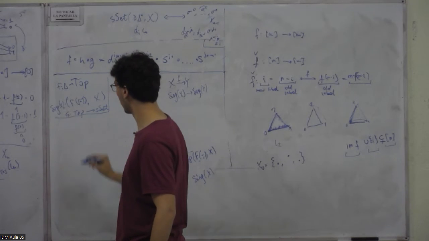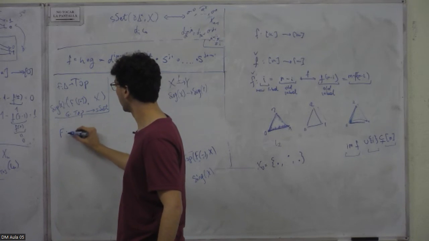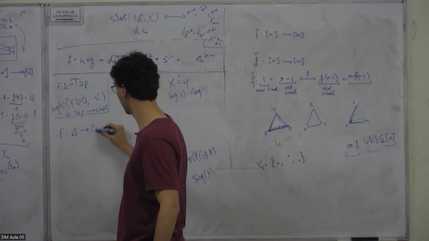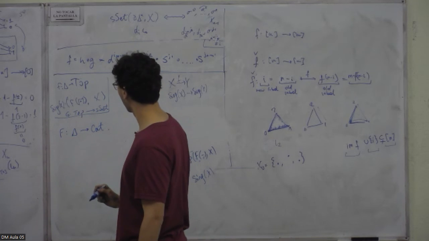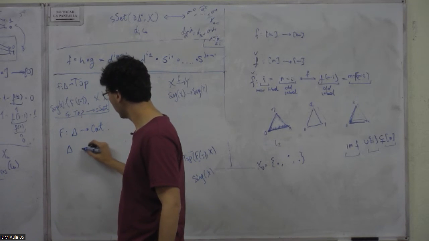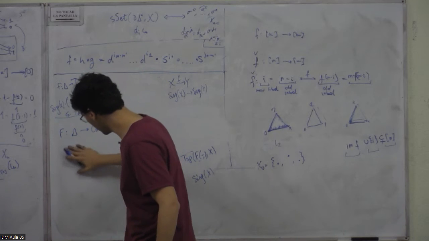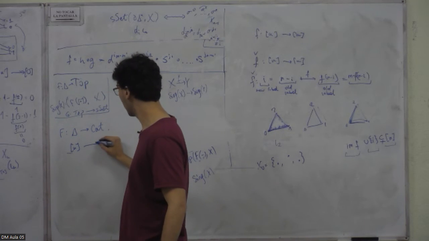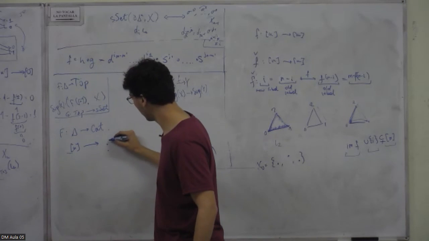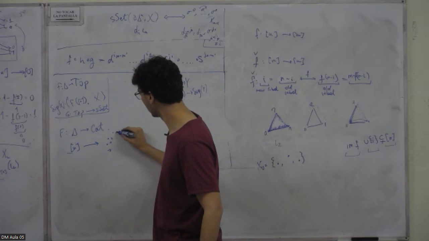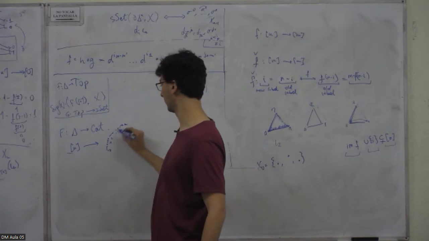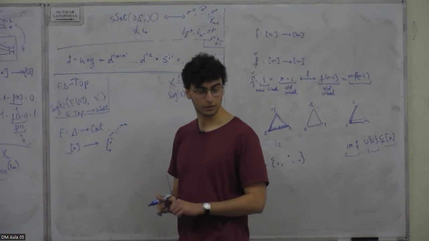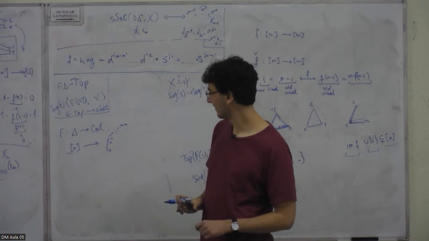If instead of Top I consider Cat, the category of small categories, each ordinal n, I map it to the poset 0, 1, 2, up to n viewed as a category. So basically, itself. You map it to itself.